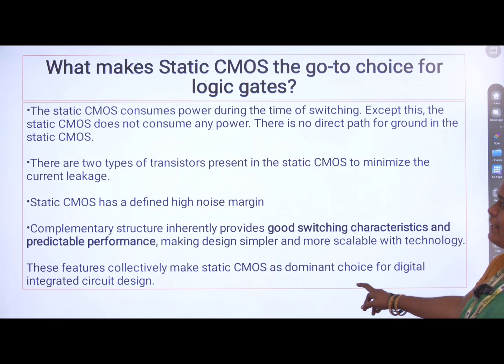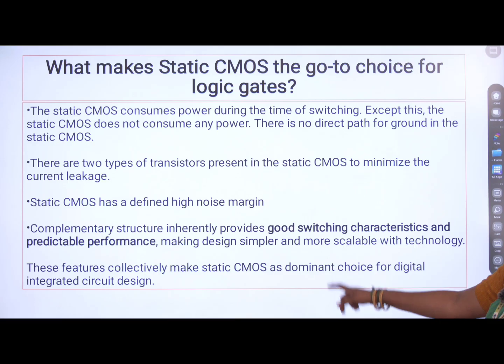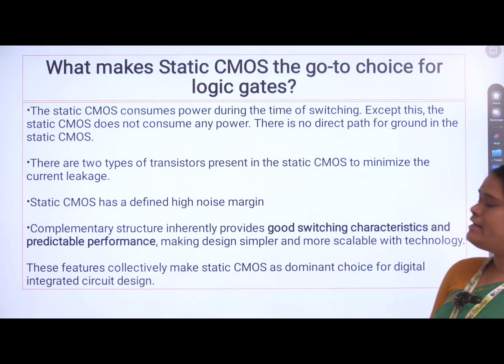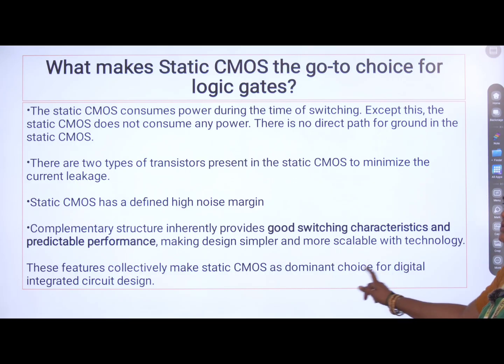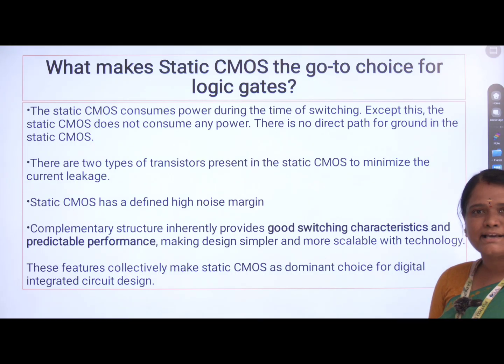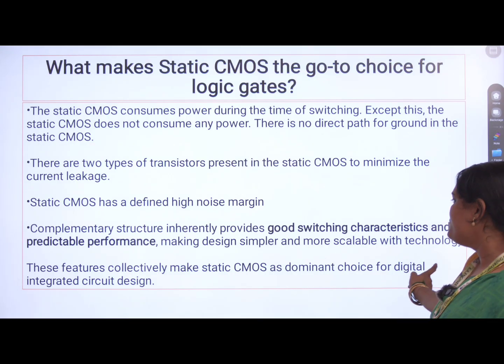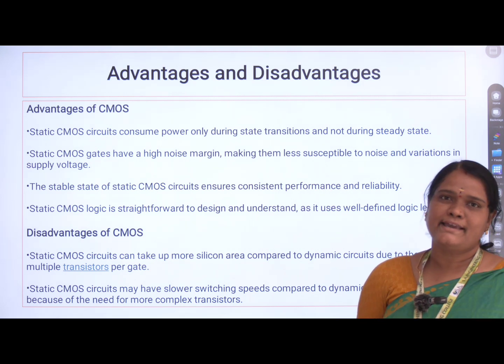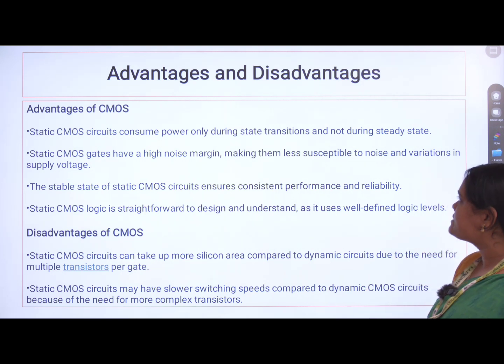Of course, it uses two different complementary pairs of transistors, so it reduces leakage and enhances noise margin. It provides high noise margin. This complementary circuit leads to better performance and better switching characteristics. These features collectively make CMOS a better and dominant choice for designing logic gates and digital logic circuits.